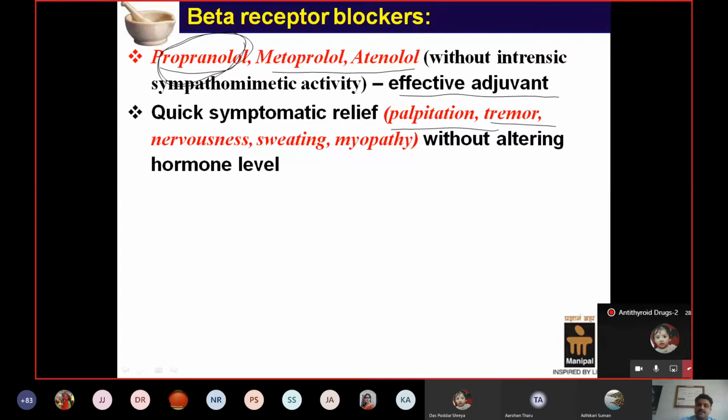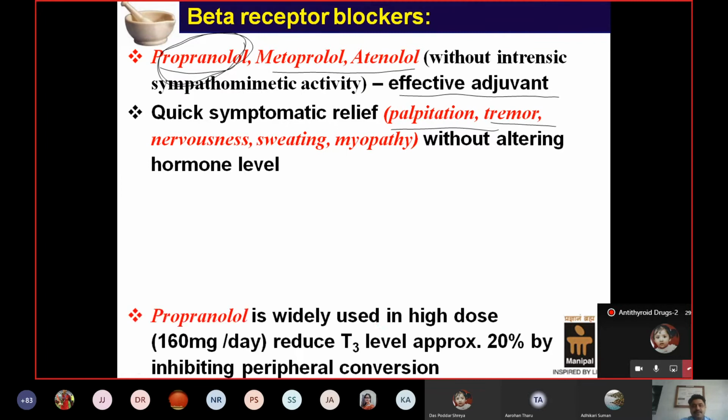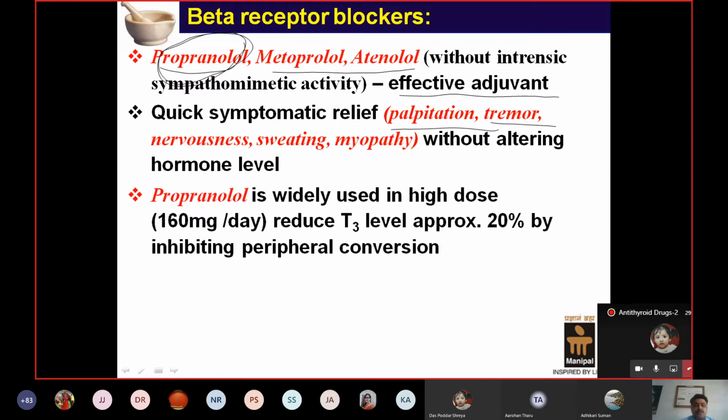The hormone level will be there, but by blocking it, the symptoms of hyperthyroidism will be corrected, or masked. So the patient will not have symptoms of hyperthyroidism. So that is quick symptomatic relief. From today only, the patient will observe that the symptoms of hyperthyroidism have reduced. Propranolol is widely used.